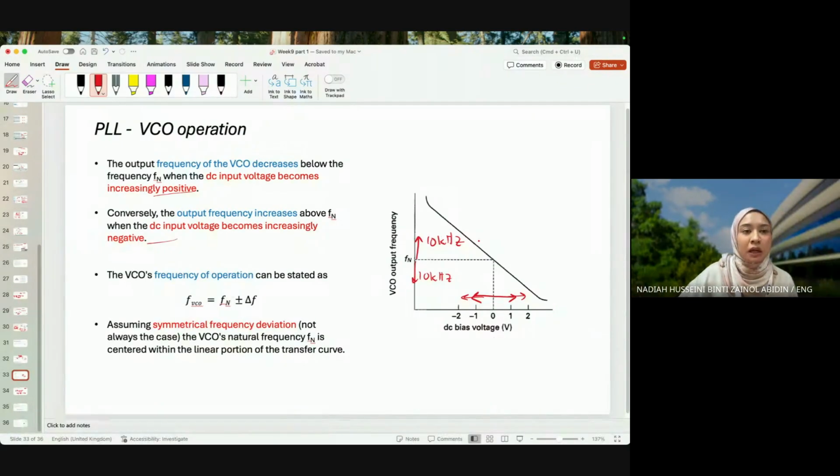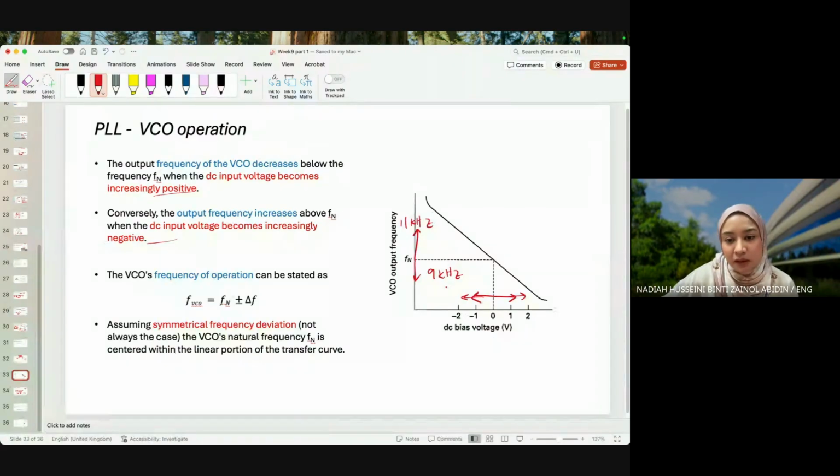That is symmetrical. What is a scenario that is not symmetrical? If I increase the voltage by 1, the drop is maybe 9 kilohertz, but if I drop the voltage by 1, the increase is 11.